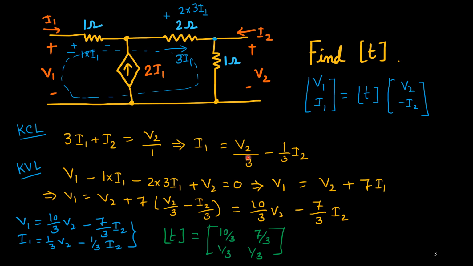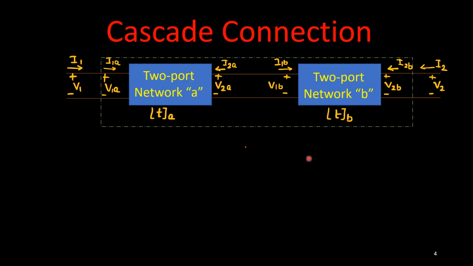That is very interesting. Let us see how to use cascade connection for two-port networks. In previous lectures, I have discussed that if two ports are modeled by T parameters, suppose one is TA and the other is TB, and they are cascaded, then the equivalent T will be the multiplication of these two in order, TA followed by TB.